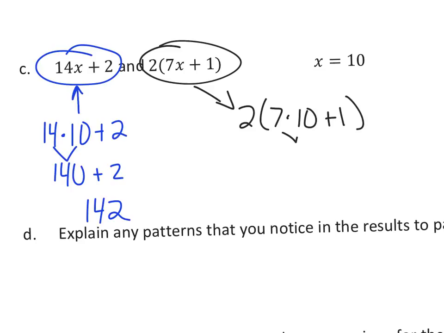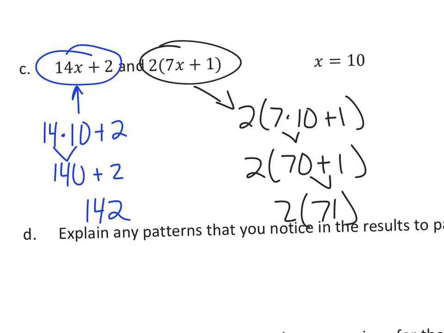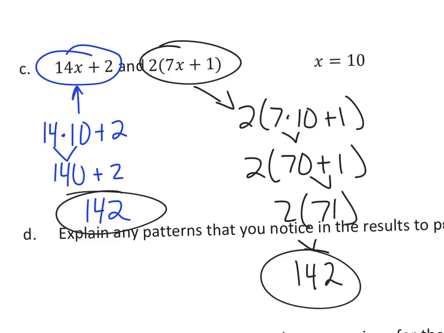So I have to do 7 times 10 first, which is 70. And then I have to do 70 plus 1, which is 71. And I'm taking that times 2. And if you do 2 times 71, you're going to get, that's right, 142. And so you see, I do get the same number. Both are equivalent expressions, and I can prove them when I'm done.